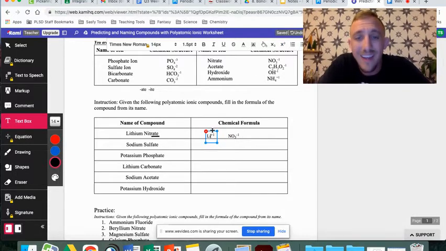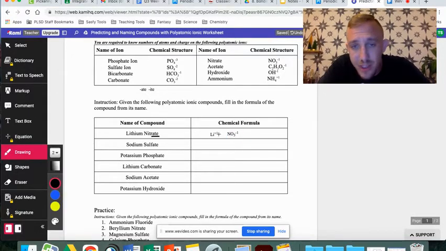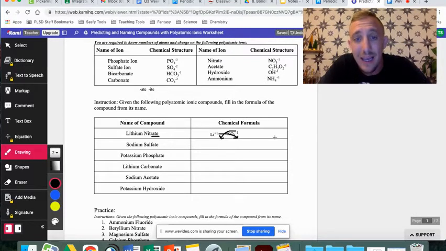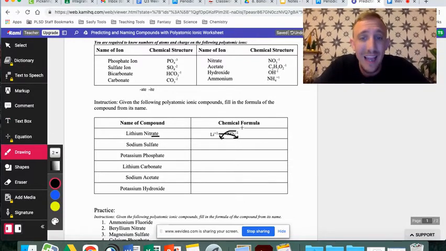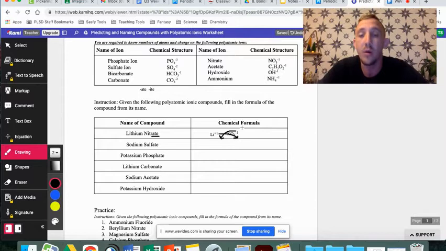Now, just like we did for the ionic bonding, all we do is we switch the charge. So this positive 1 is going to come outside NO3, and this negative 1 is going to come right down by Li. And so what it's saying is it's going to be Li1 NO3 1.